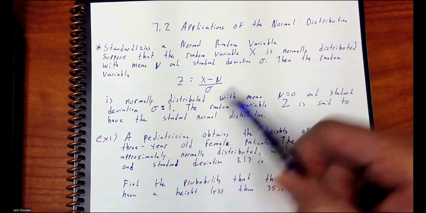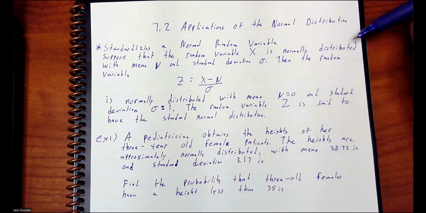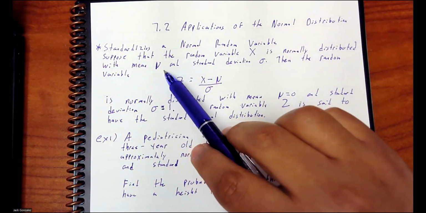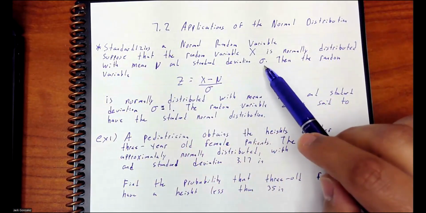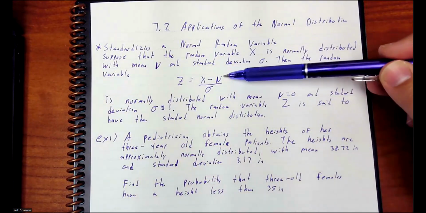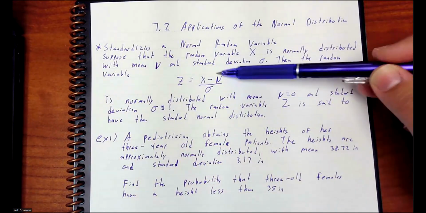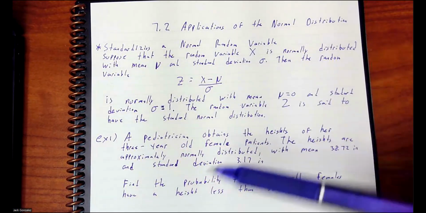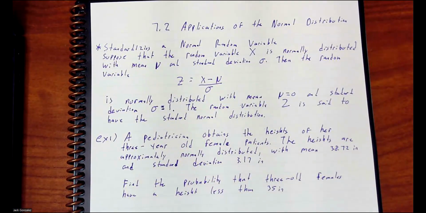Suppose that the random variable x is normally distributed with mean mu and standard deviation sigma. Then the random variable z is equal to x minus mu divided by sigma. So you can standardize anything that is normally distributed into z-scores.